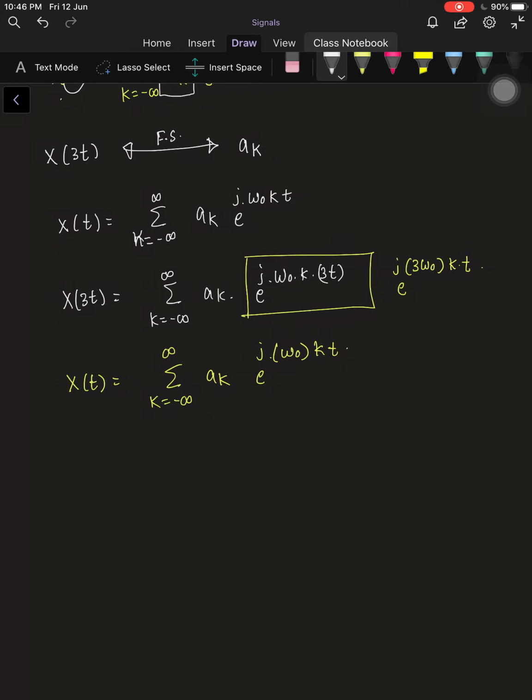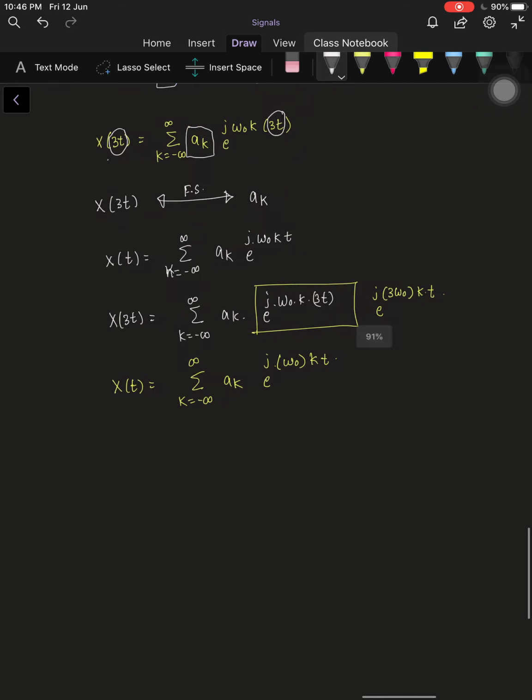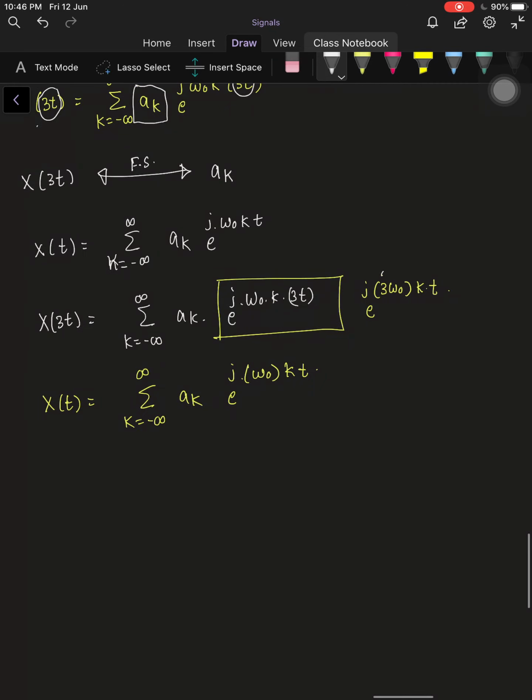So this term is our new omega dash. So omega dash is 3 times omega naught, which is 3 times 2 pi by T naught, and T naught is given as 1, so this gives us 6 pi radians per second.